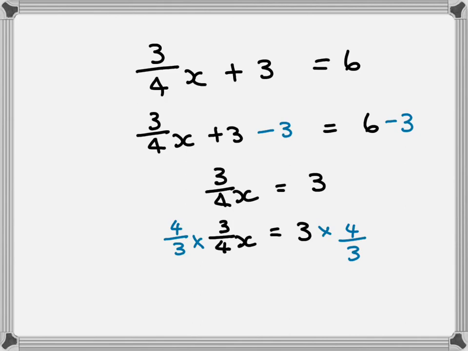Okay, so let us continue with this now. So these are all going to cancel out. We're left with x equals, and we can put that over a 1 because it's a whole number. And 3 can cancel out by going into itself once and into 1. So 1 times 4 over 1 is 4. That's our answer.